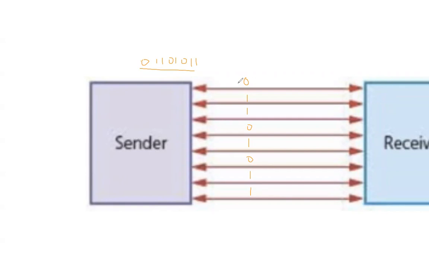Now, skewing means that for some reason, I'll explain what that reason is, but for some reason, these bits, when they reach here, become out of order. Let's just say that this bit reaches the destination faster than the others.